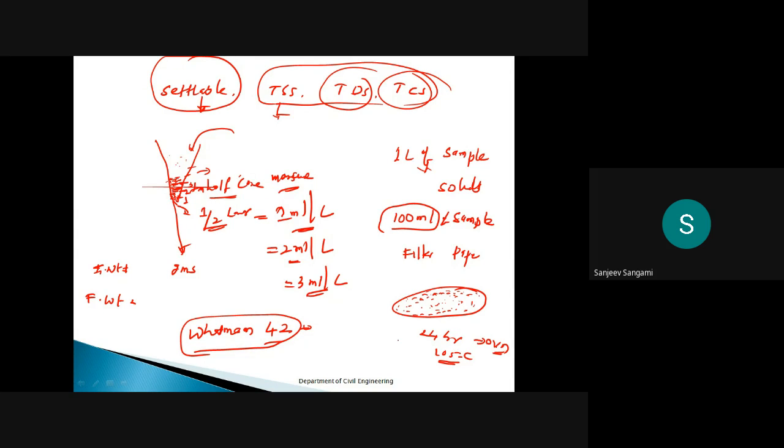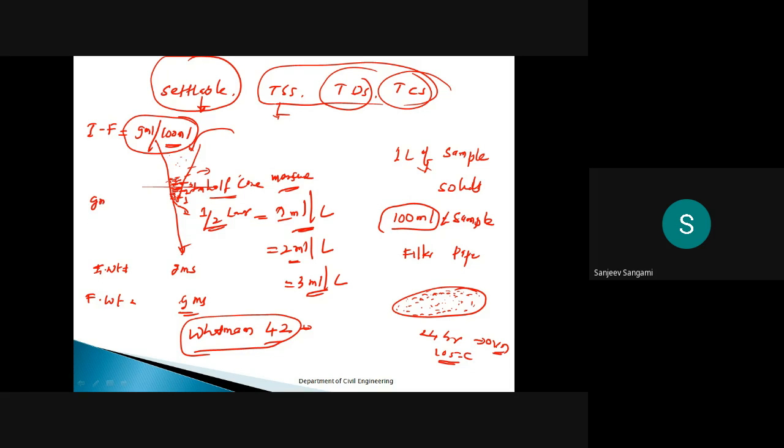After oven drying, again you have to take the final weight, in grams. Then initial minus final. If you take the difference, that many grams in 100 ml of sample is the solids.